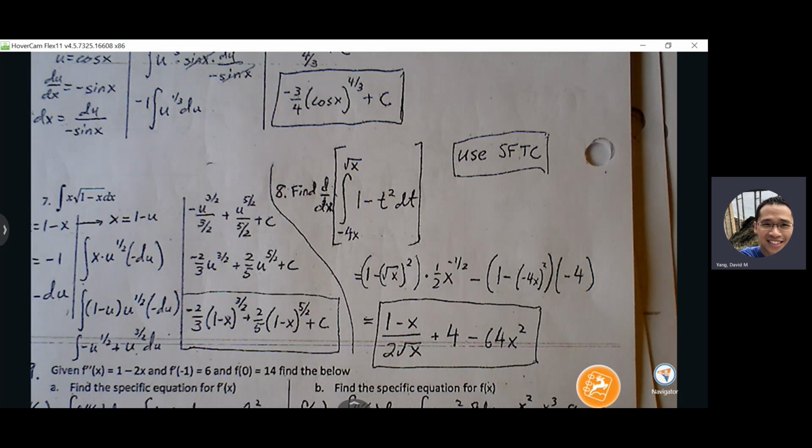I'm going to do the same thing here: plug the lower bound into the function. What if there's a variable? No, it's not your boundaries. The lower bound is constant. It doesn't have to be like that. Okay, thank you.